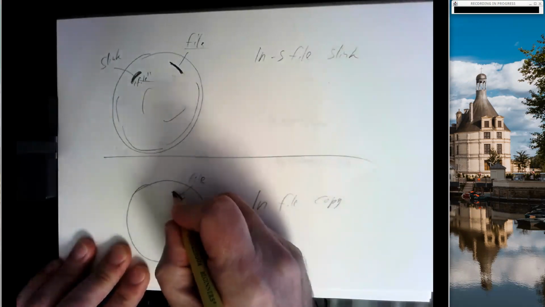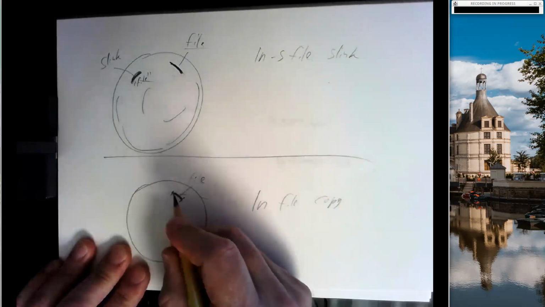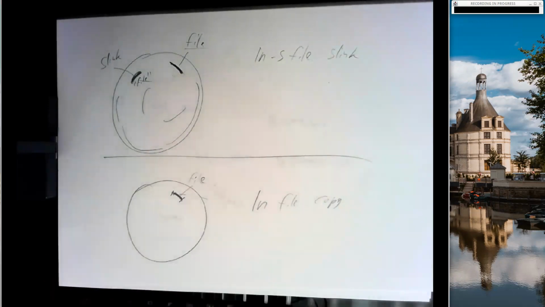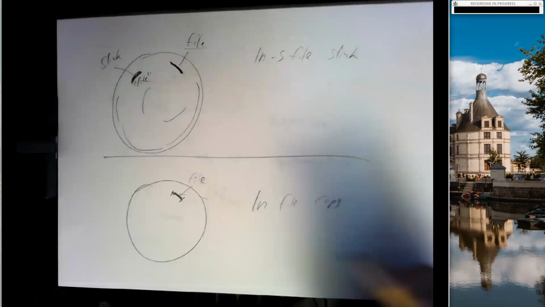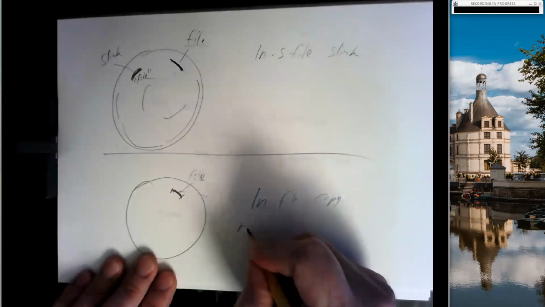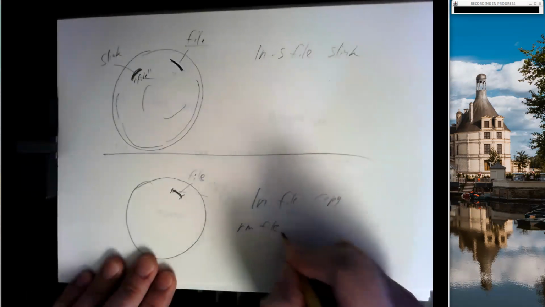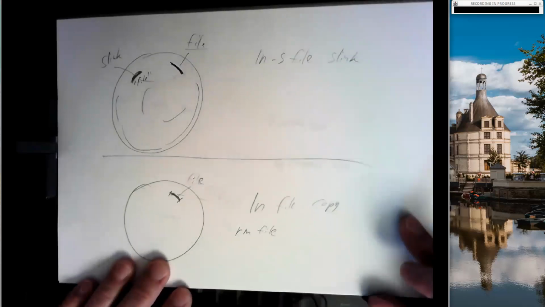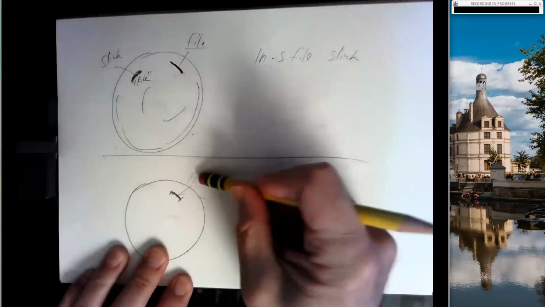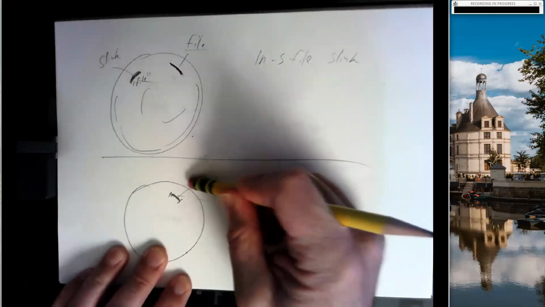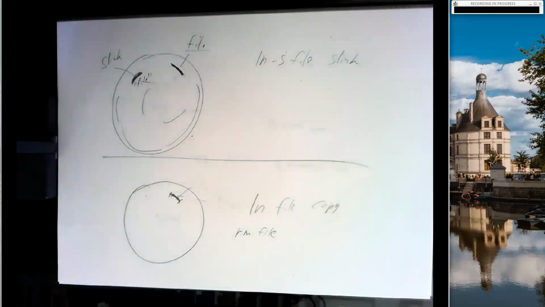And stored in the magnetic material of my hard drive between here and here is the contents of my file. And the reference count to this inode that references that is 1. And so if I say remove file, it reduces the reference count to 0. And file gets removed from my directory information. And now when I say ls, I don't see file anymore.